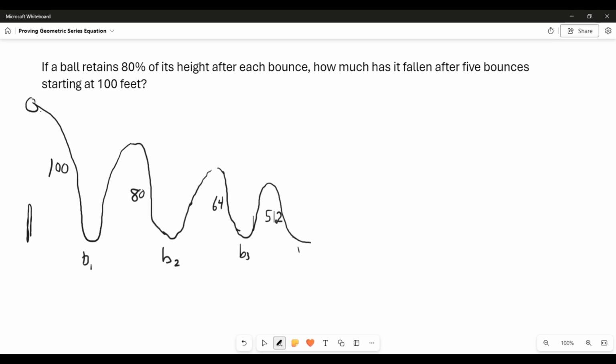Now we have bounce 4. Now it's going up 80% of 51. 80% of 51 is 40.96.